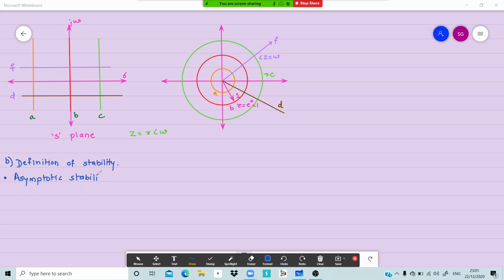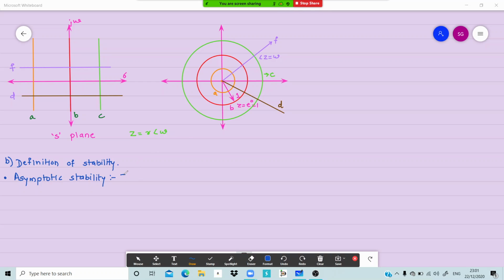Asymptotic stability depends upon the initial conditions. A system is asymptotically stable if its response for any initial conditions decays to zero. Whatever might be the initial condition, if your system is giving a decaying response, then the system is called stable.